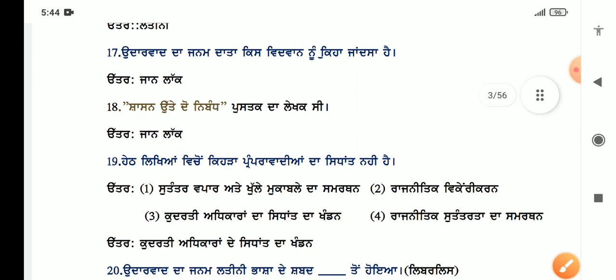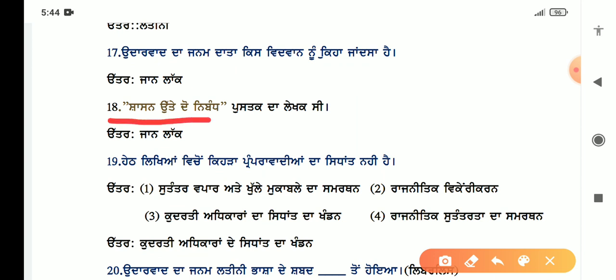Next question is, who wrote the book Two Essays on the Government? Two Essays on the Government. Answer is John Locke.